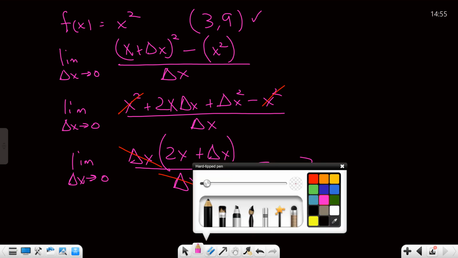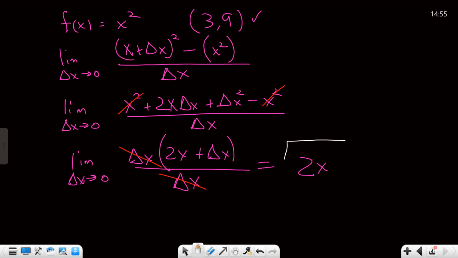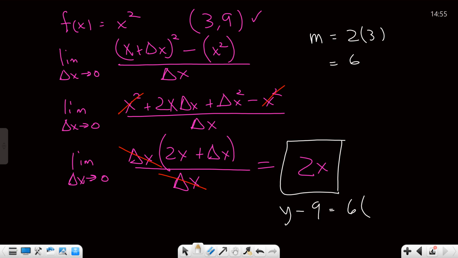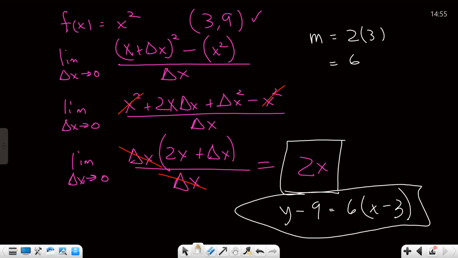This, as I mentioned earlier, which must not have sunk in, is the equation of the slope anywhere on that parabola. But now we're talking about a very specific point. That specific point is at (3, 9). So therefore, the slope is equal to 2 times 3, which is 6. Therefore, I get y minus 9 equals 6 times the quantity x minus 3. That is my final answer for the equation of the tangent line.